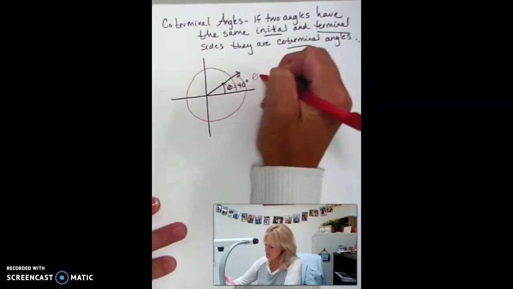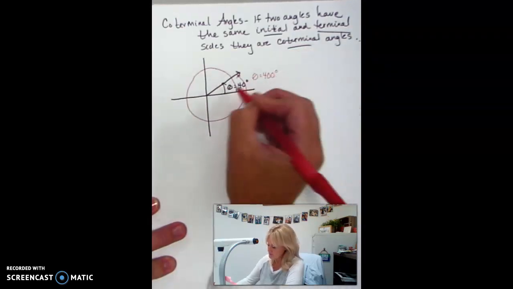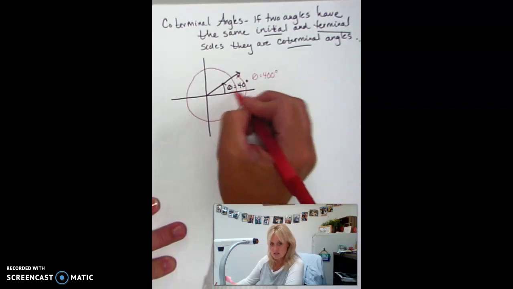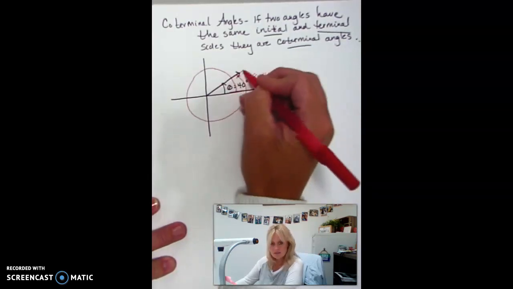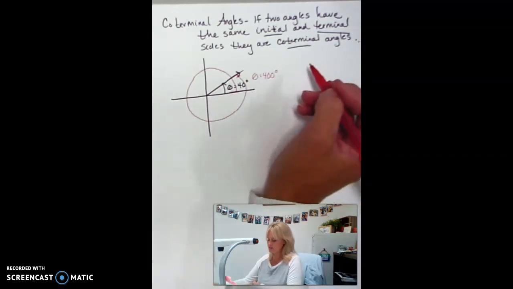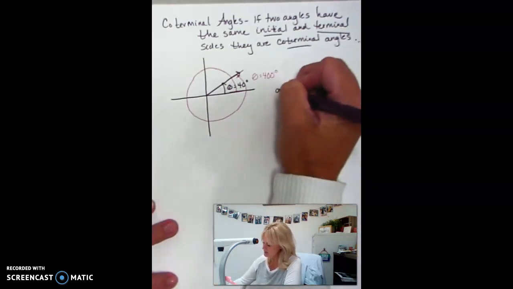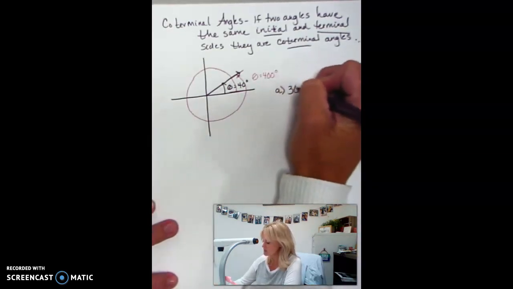Theta would also be 360 plus 40, or 400 degrees. They both share the same initial and terminal side. Okay? So basically, what am I doing? I'm adding 360 degrees.